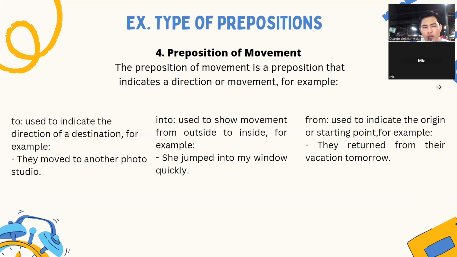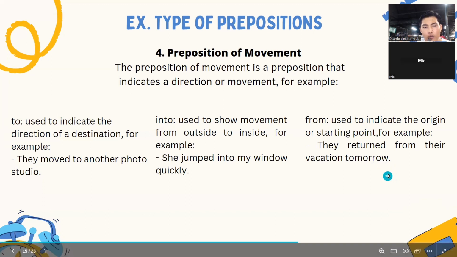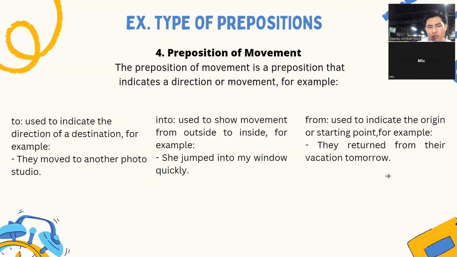For example, they move to another photo studio. Into is used to show movement from outside to inside. For example, she jumps into my window quickly. From is used to indicate the origin or starting point. For example, they return from their vacation tomorrow.